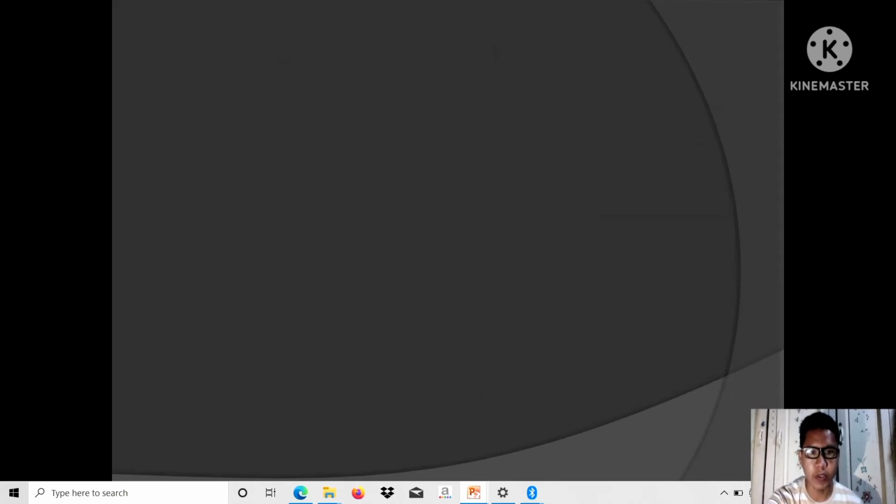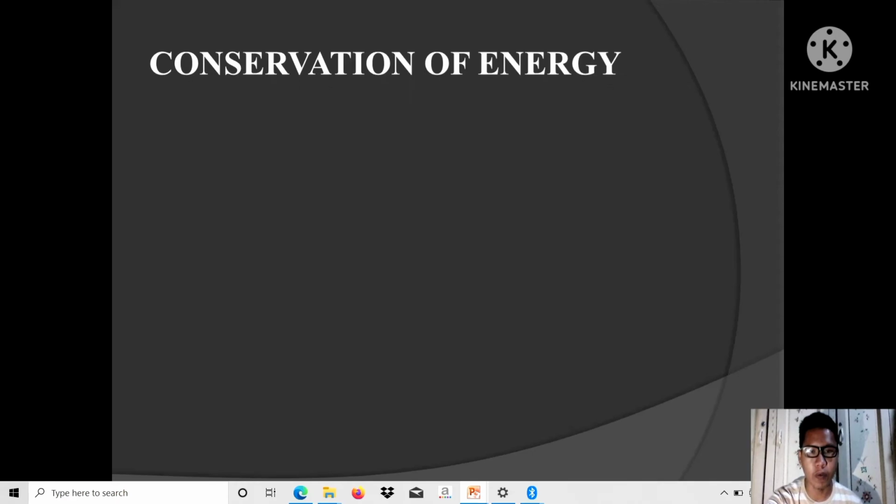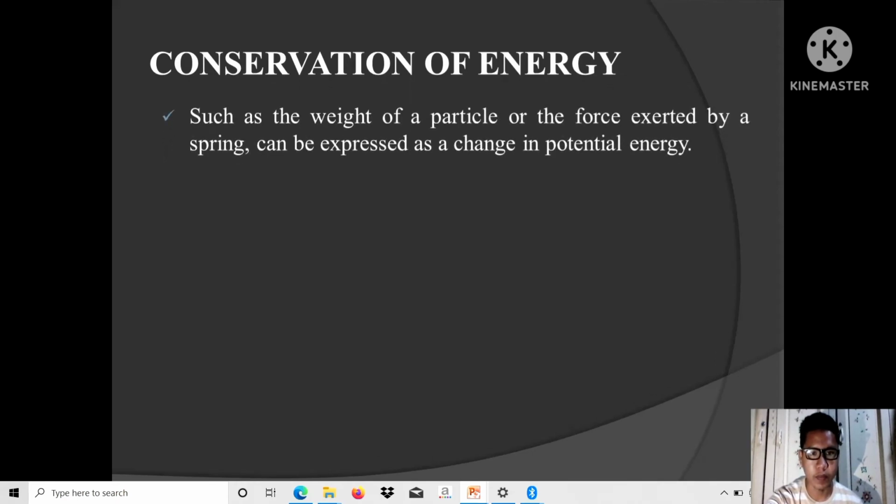We have also the conservation of energy. As we all know, conservation of energy states that energy is neither created nor destroyed. The weight of a particle or the force exerted by a spring can be expressed as a change in potential energy.